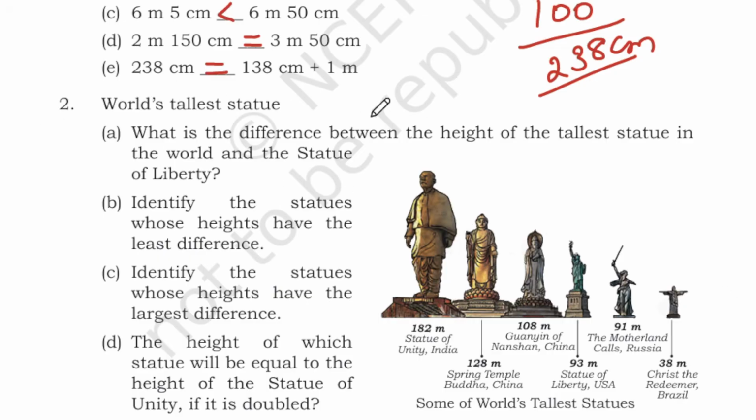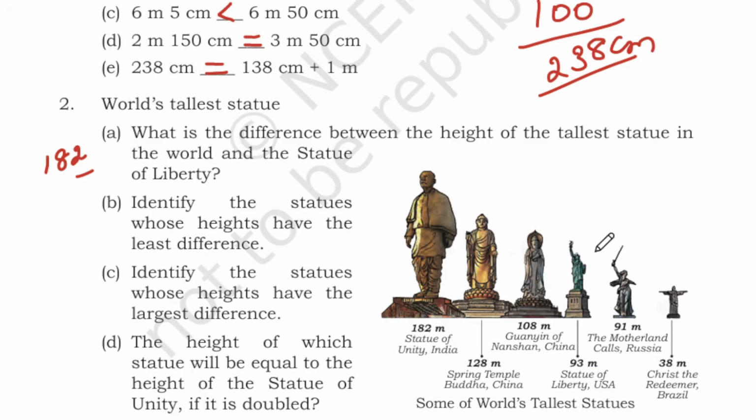What is the difference between the height of the tallest statue in the world and the Statue of Liberty? The tallest statue in the world we have is the Statue of Unity, India, which is 182 meters. And the difference is from the Statue of Liberty. So where is the Statue of Liberty?